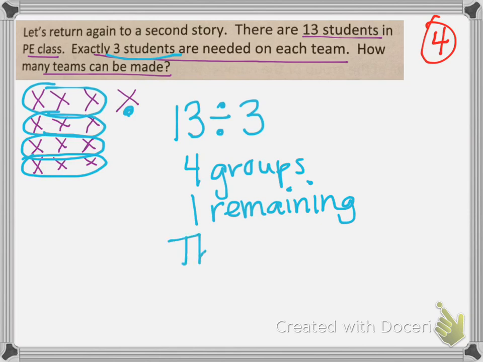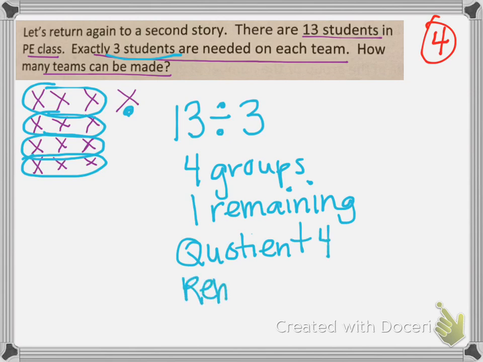So the quotient is 4. The remainder is 1. The quotient is 4. The remainder is 1.